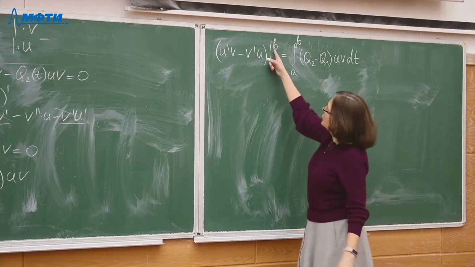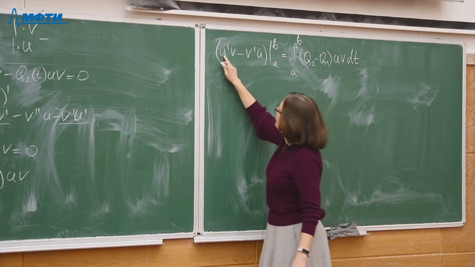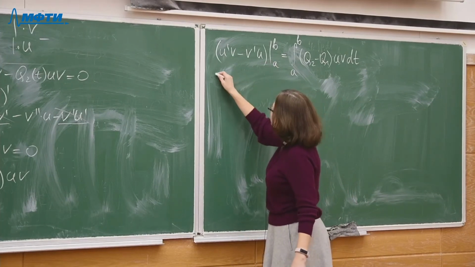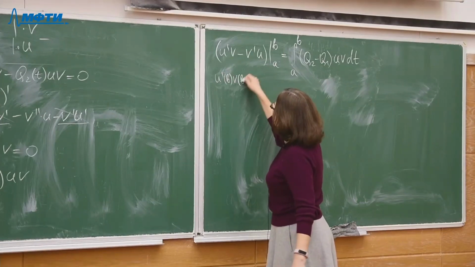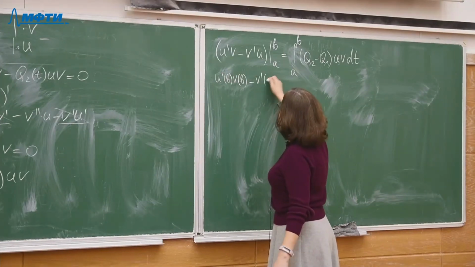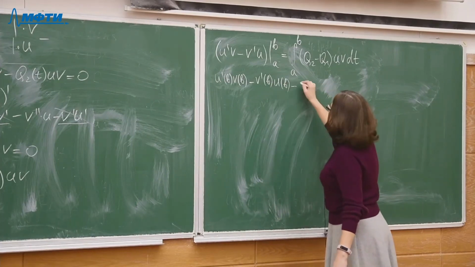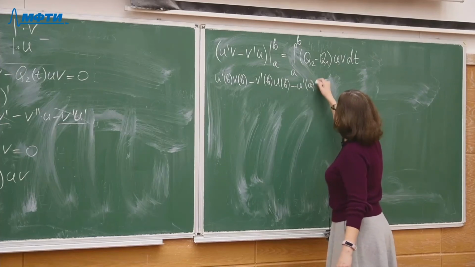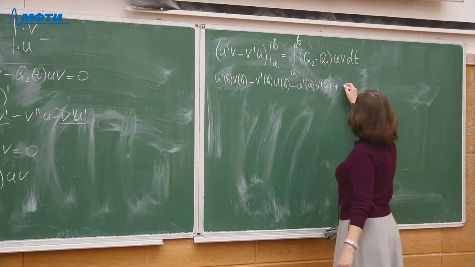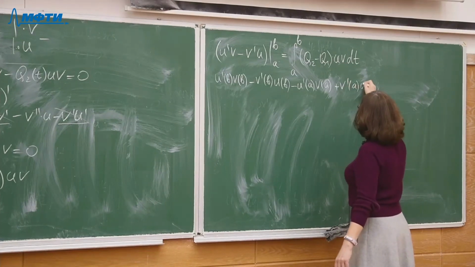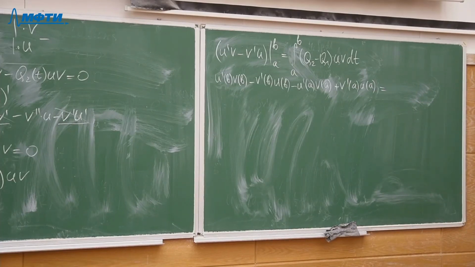Now let's substitute the upper and lower limits, and we will get u prime of b, v of b minus v prime of b, u of b, minus u prime of a, v of a, plus v prime of a, u of a. Let's simplify this.